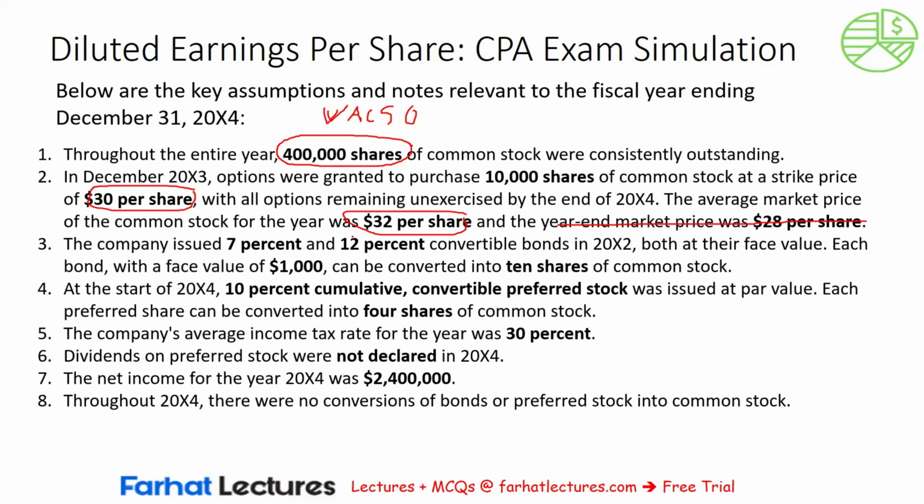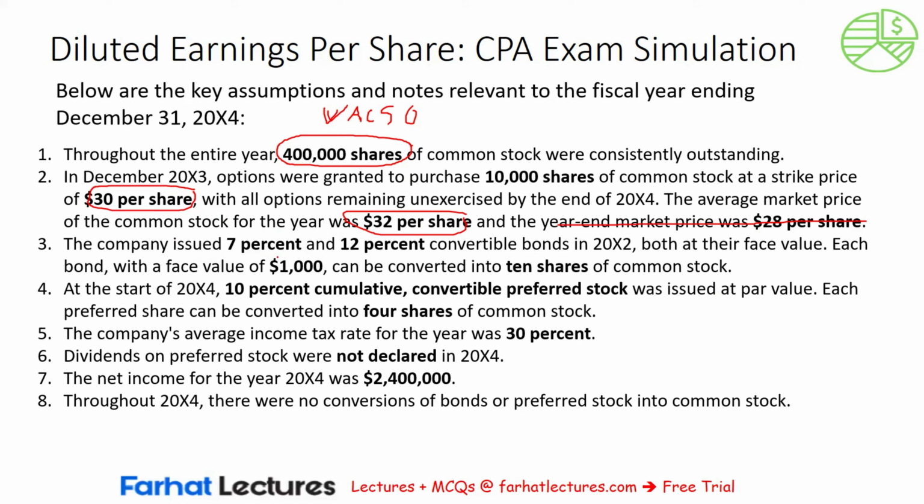So we compare the exercise price, 30, with the $32 average market price. Since the strike price is lower, these options are considered dilutive, and we need to compute the additional shares in the computation of the diluted EPS.